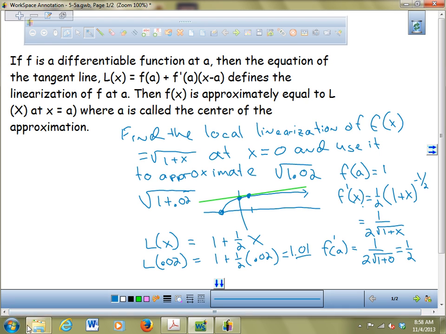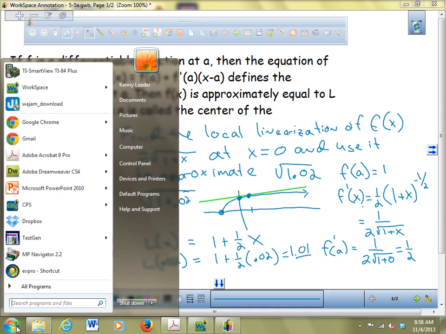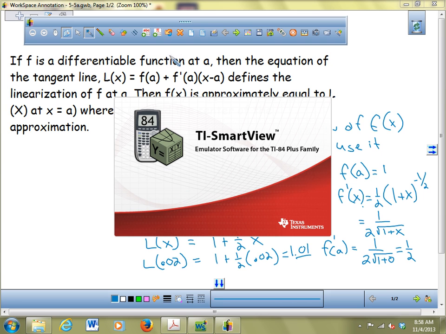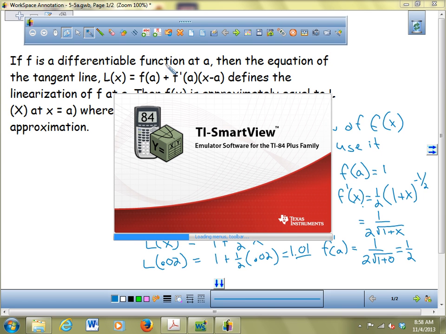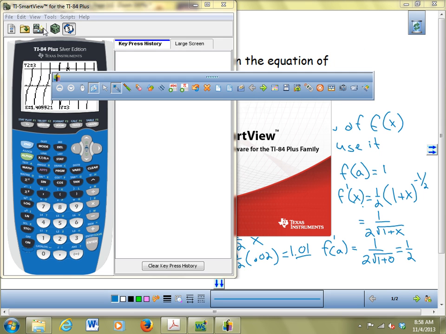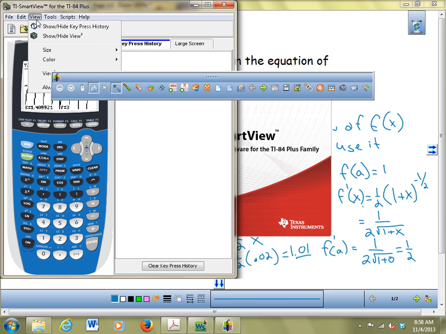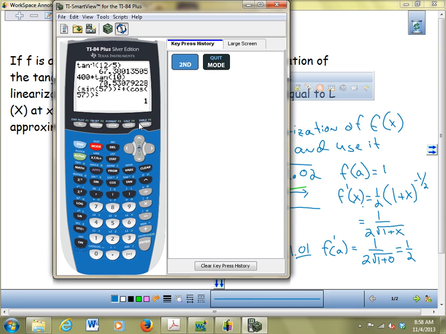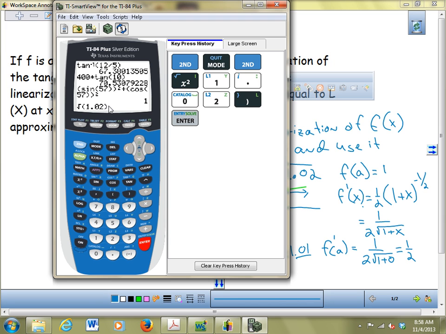Now look, if you take your calculator and you take the square root of 1.02, I get a number that is very, very close to 1.01, but not exactly the same. You see that? Okay.